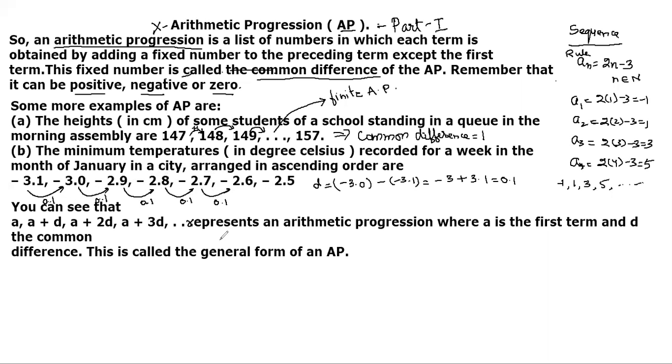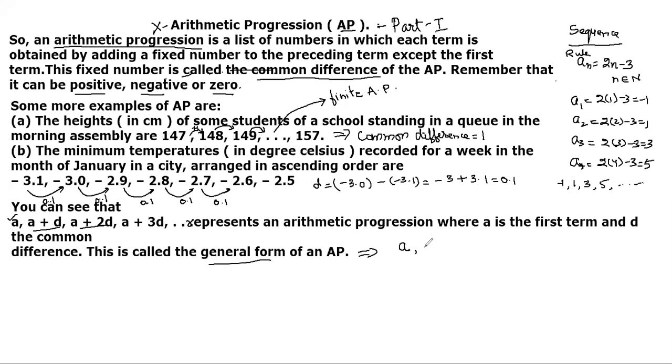So in general now, I think you understood. The first term is denoted by A, the second term is denoted by A plus D, the third term is denoted by A plus 2D, because we are adding D. So this is the general form of an AP. A is the first term.